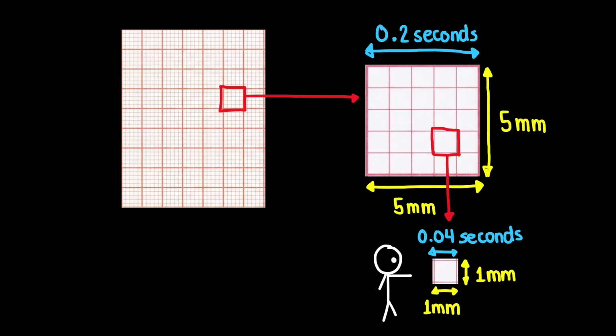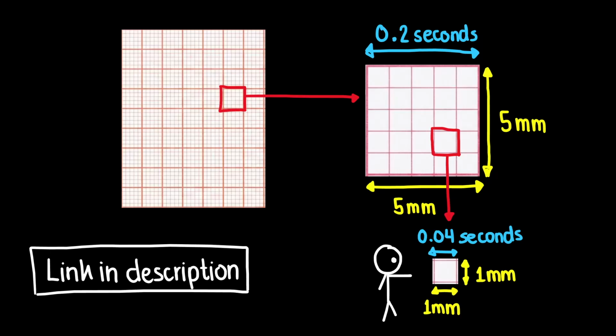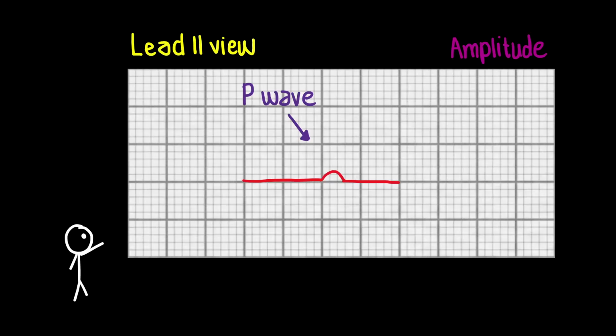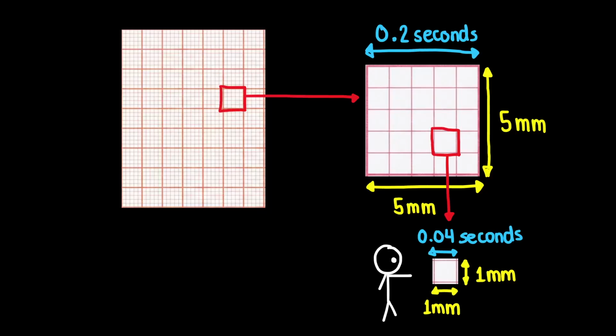This concept has been explained in another video, and its link is in the description. Another measure is the amplitude, which should be less than 2.5 millimeters. So, 2.5 small squares tall. If you remember with me, one small square vertically was 1 millimeter tall. Keep those numbers, they are important.